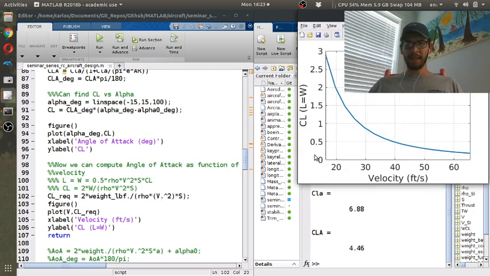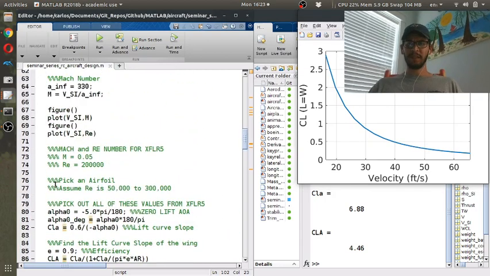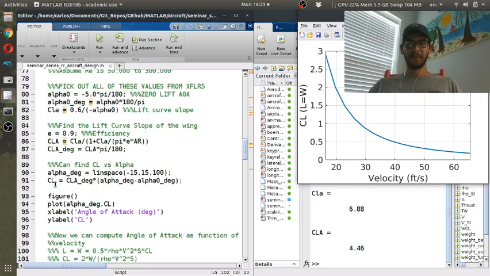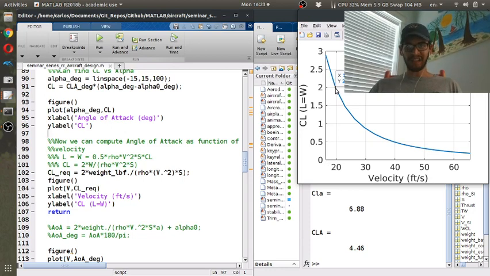So at 5 meters per second is, yeah, I guess that makes sense. So yeah, for this aircraft, if I'm flying at 20 feet per second, I need a lift coefficient of 2, right? That's a lot of lift.